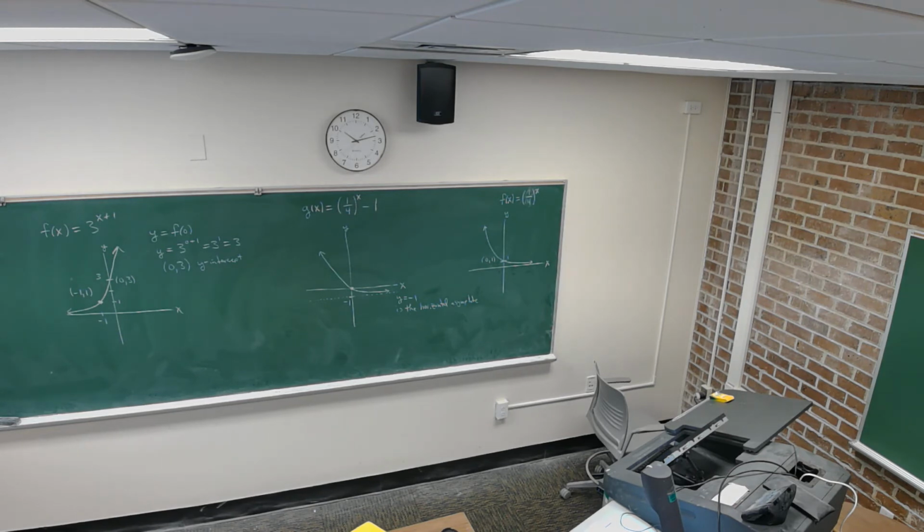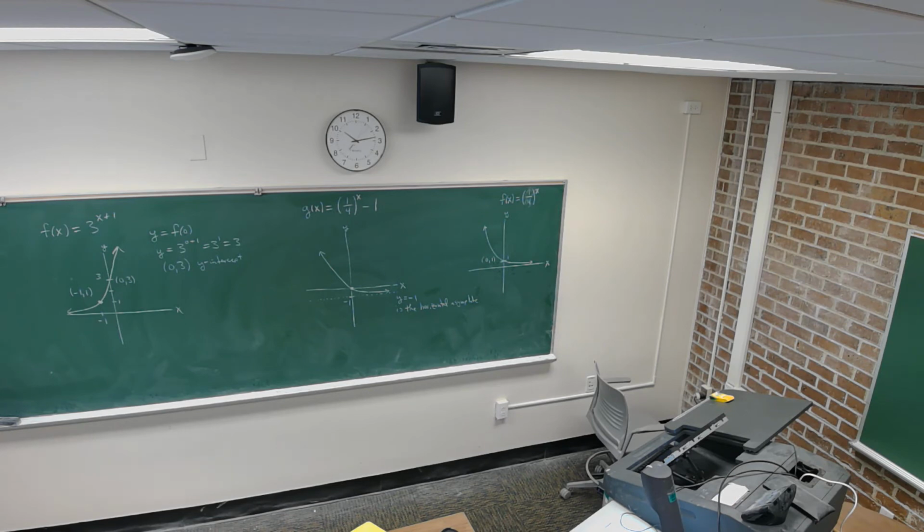And then we replace x with x minus 1, so we have the negative of x minus 1. First I replace x with minus x, and then I replace x with x minus 1, so I have e to the minus x minus 1.